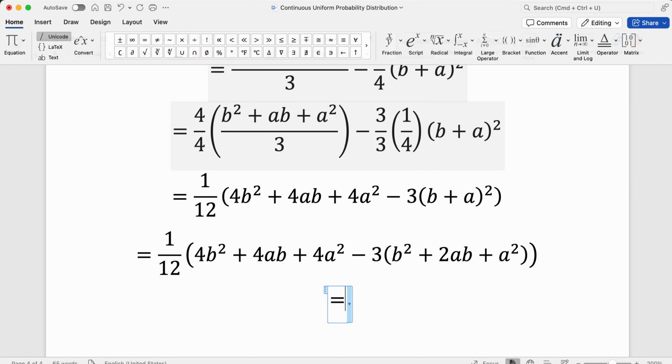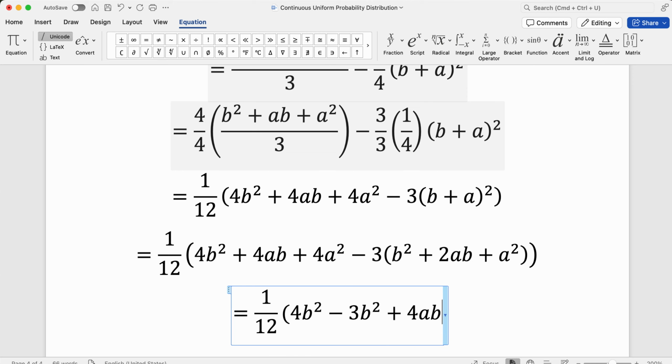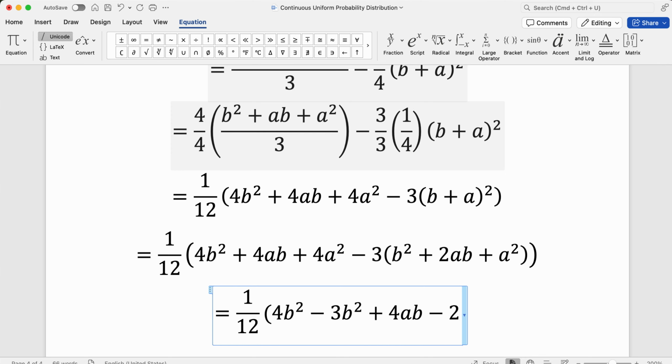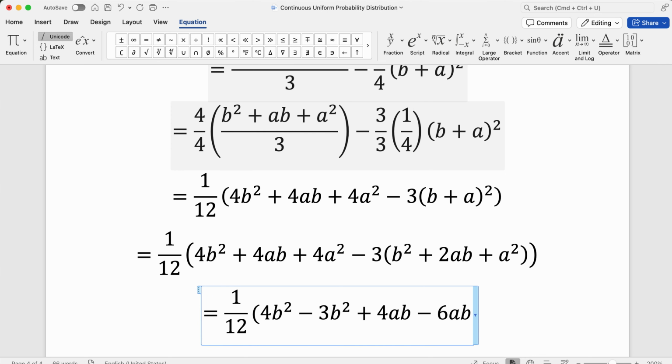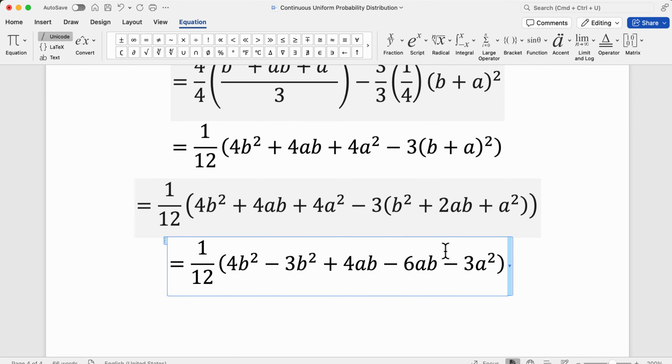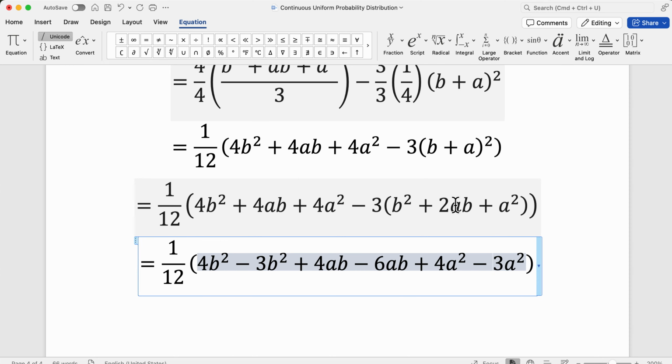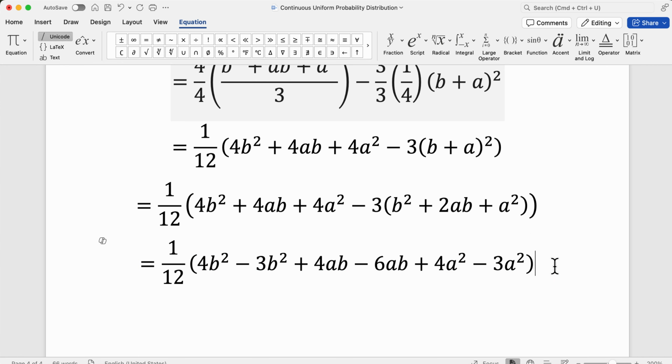That gives 1 over 12 of 4b squared minus 3b squared, plus 4ab minus 6ab, gotta be careful of the negative sign here, and then plus 4a squared minus 3a squared. That's after I moved all the terms around together.